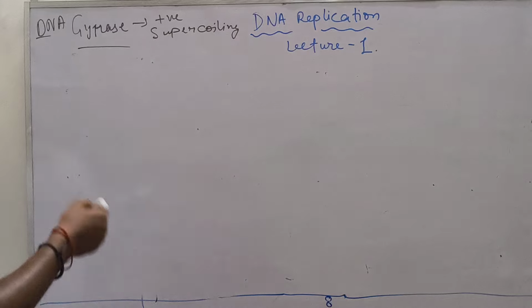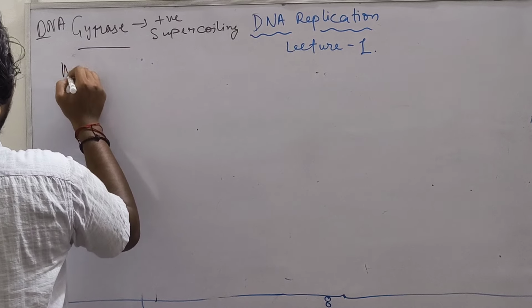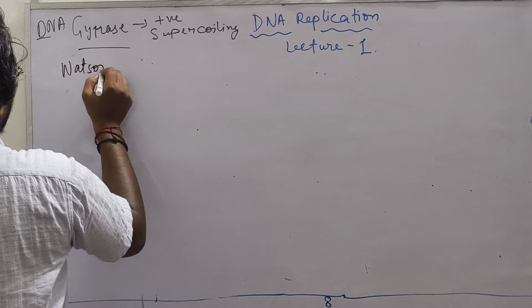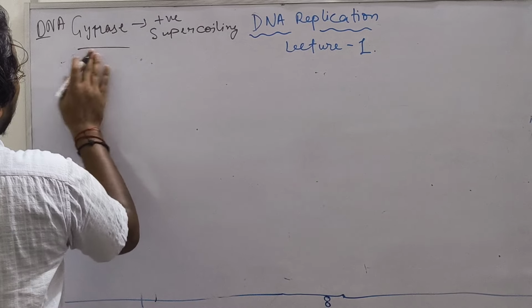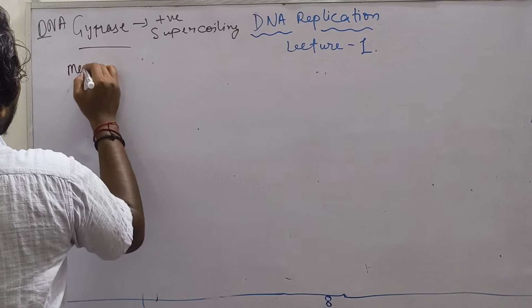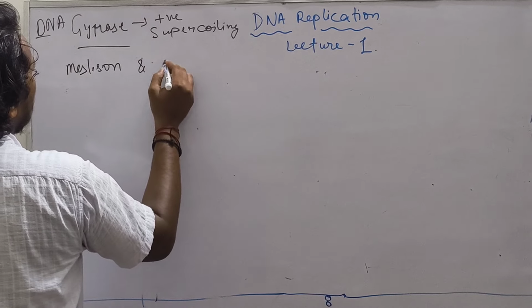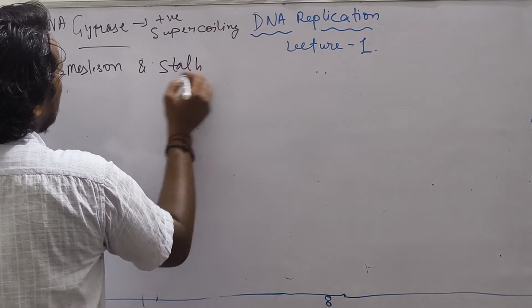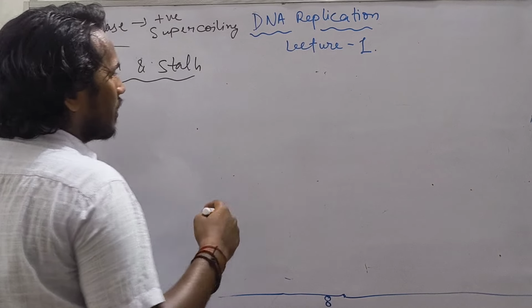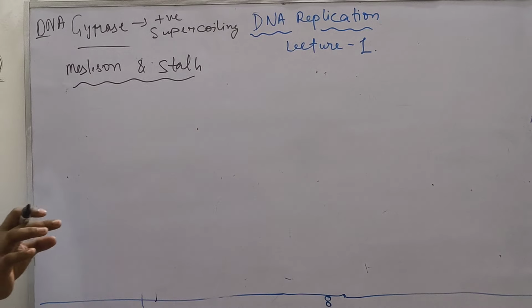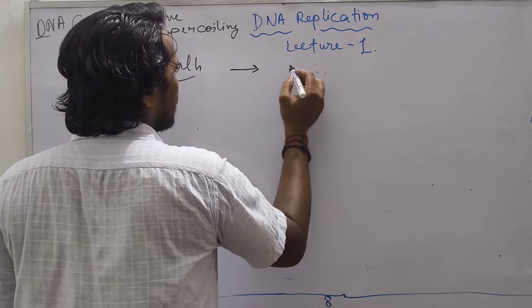Now Meselson and Stahl gave the evidence for the semi-conservative way of DNA replication.